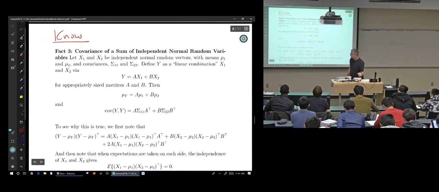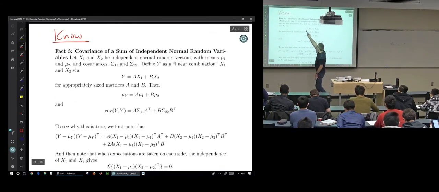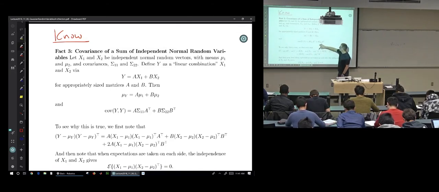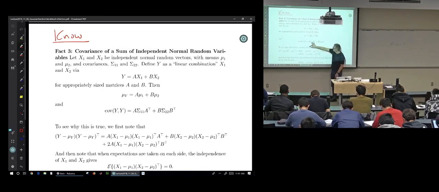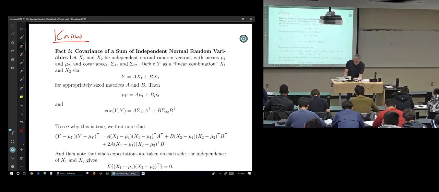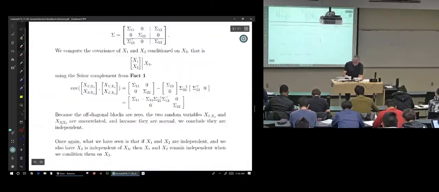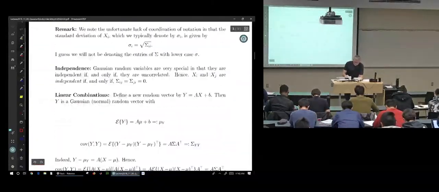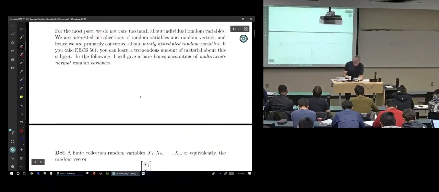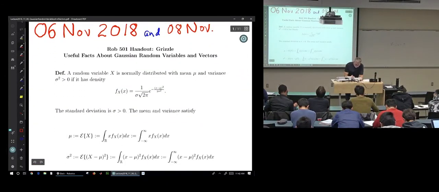No, we did this calculation. We had y equals Cx plus noise, and we calculated this, except we didn't have a matrix here. This was our C Sigma_xx C transpose. We did this, so know that.